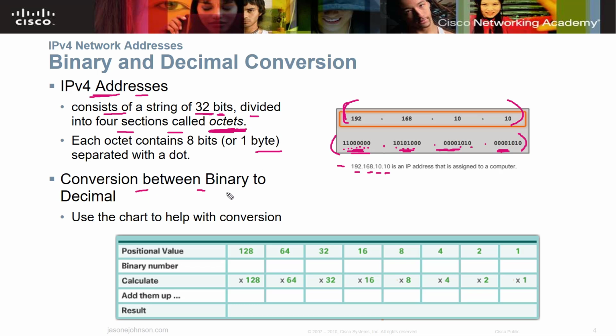Now, when we convert binary to decimal, there are lots of videos out on YouTube. There are all kinds of ways to show you how to convert binary to decimal. If you watch my videos, in the description of this video, I show you my way. There are other ways to do it in the Cisco Netacad material for this course.